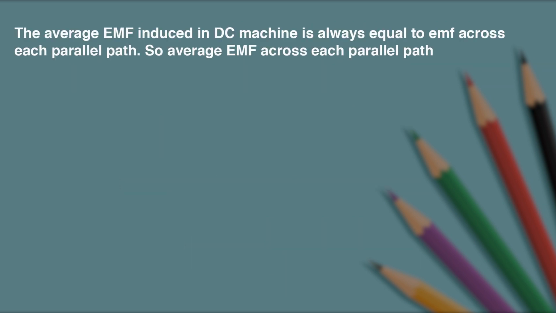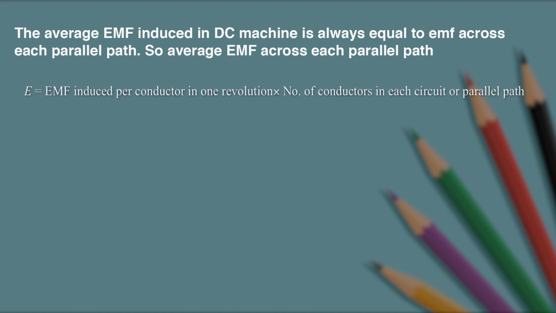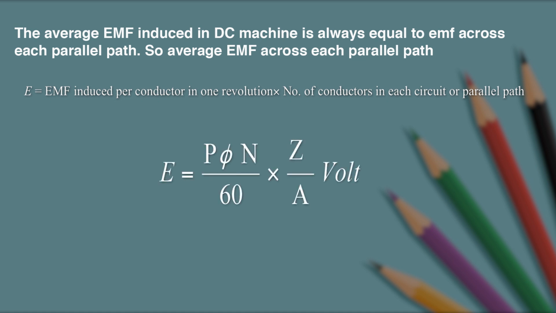The average EMF induced in a DC machine is always equal to the EMF across each parallel path. So the average EMF across each parallel path E is the EMF induced per conductor in one revolution multiplied by the number of conductors in a parallel path. So you can write E equal to P phi N upon 60 into Z upon A.